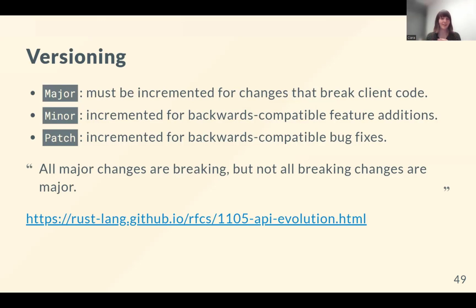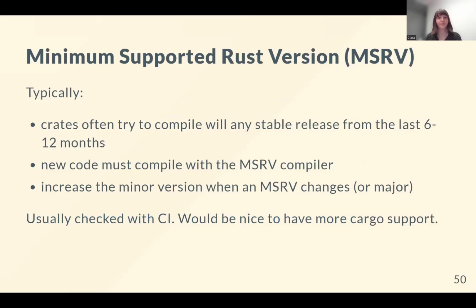This is a link that Jon Gjengset puts in the book. It's this RFC talking about API evolution and how you can keep your language moving forward while still maintaining backwards compatibility and trying to do things in a sensible way. So do give that a read if you're interested.